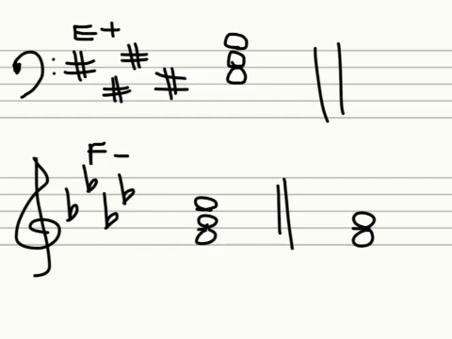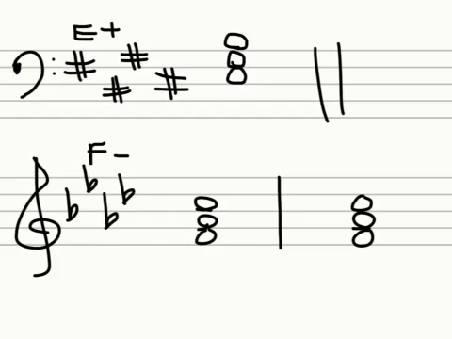I'm going to take out my double bar line. Oopsies. Because I want to keep the same key signature. Okay, so my key signature still holds true. So there's my triad. And I need to lower the top note by 1 semitone to make this triad diminished. So right now, that top note is what? C natural.